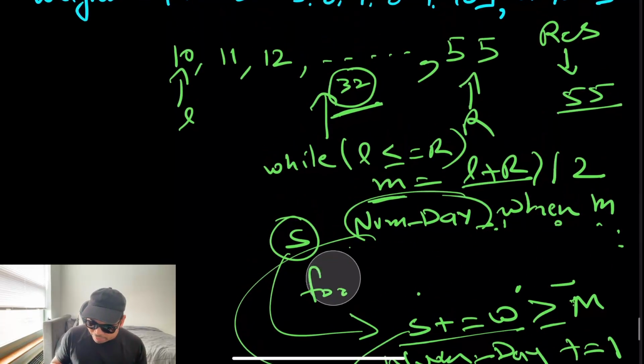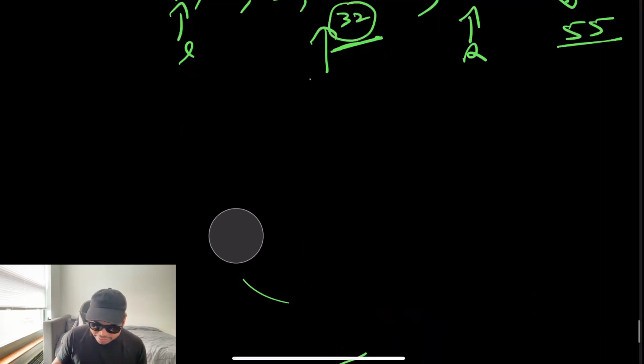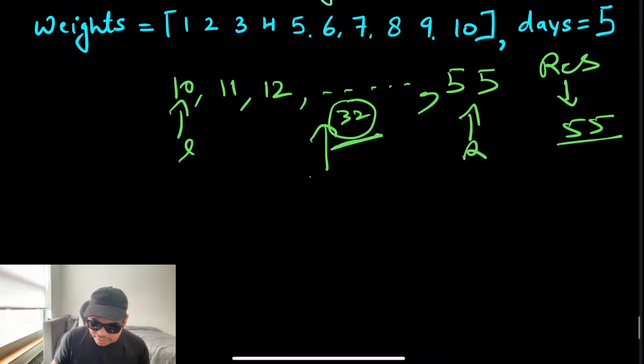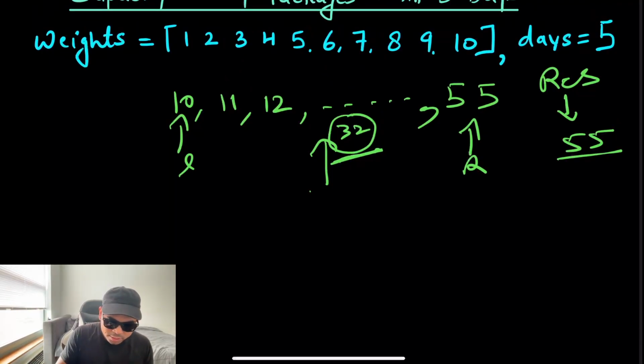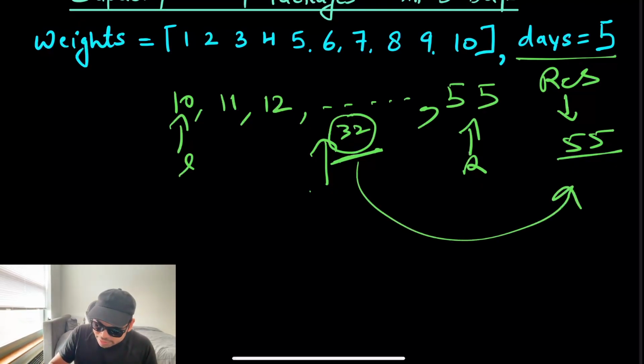We keep doing that and keep finding the capacity, and later, if those days are less than or equal to the days that are given to us as the condition, then we will assign my answer as result equals the minimum of result or mid, not minimum.